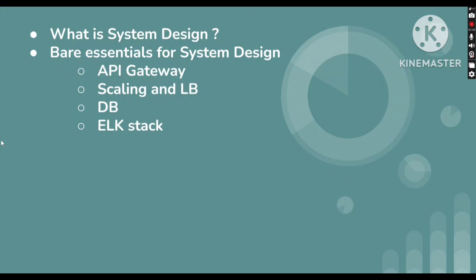And in order to debug those, you need something called logging in your system, so that you can identify what is wrong and you can fix it as soon as possible. Let's say some component is slowing down.